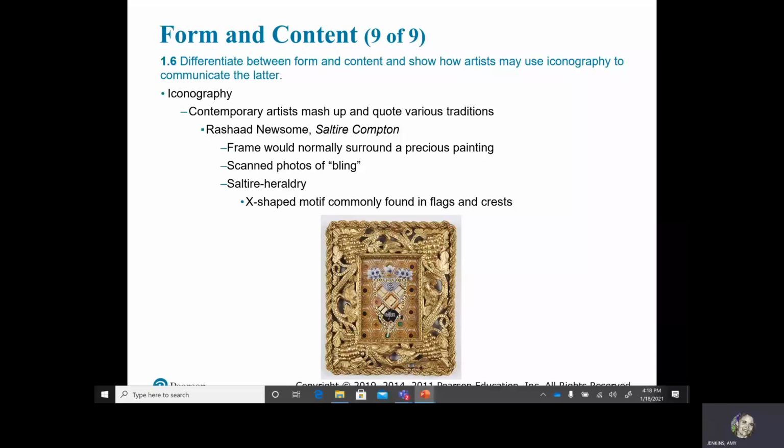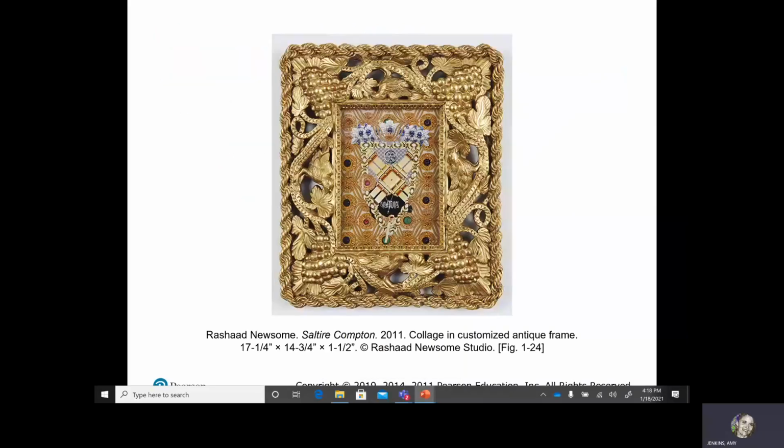And then we have this X-shaped motif that's commonly found in flags and crests, which signifies heraldry. So bringing this Saltire Compton up to a heraldry level, it's like a crest of hip hop Compton. Bigger image.